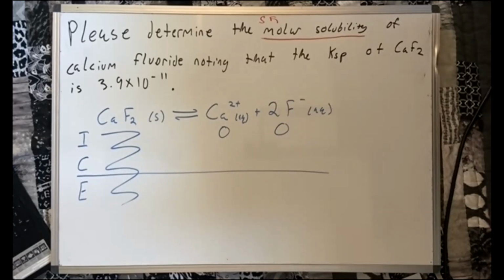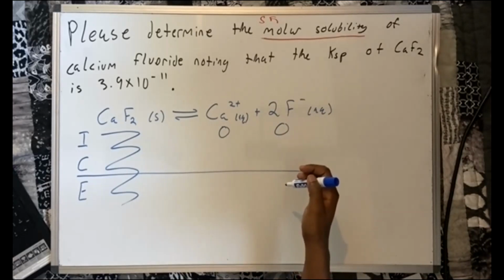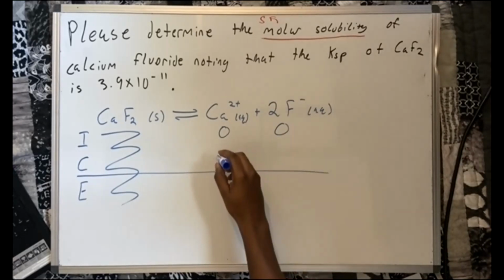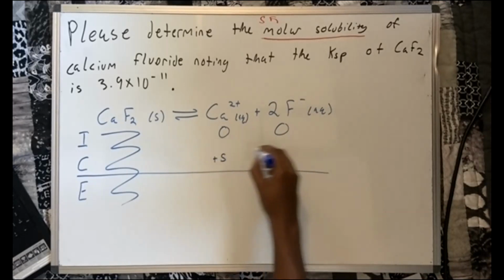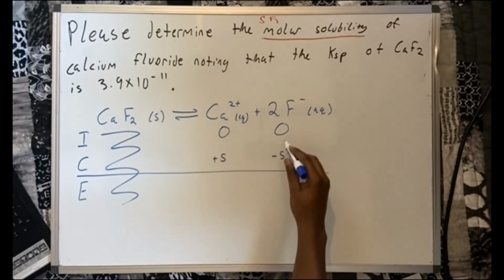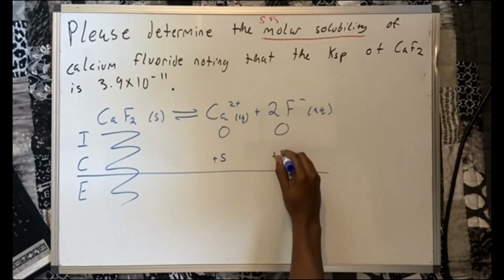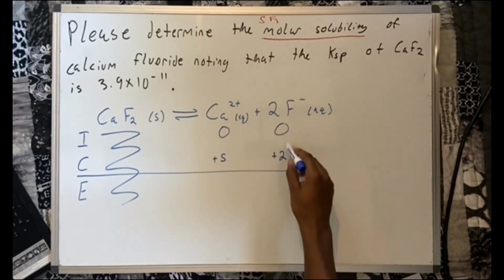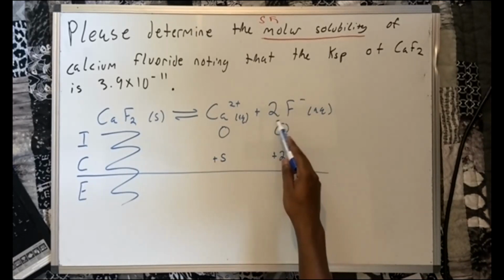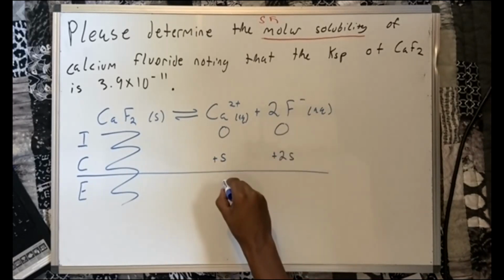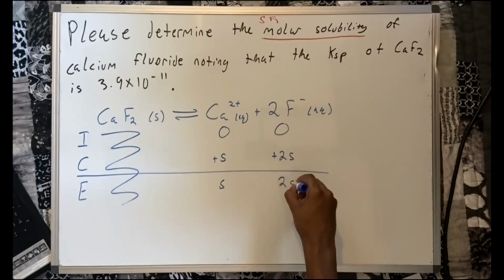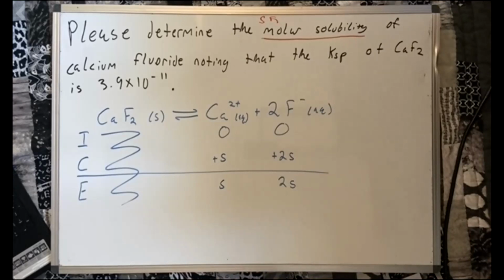Since we have zeros, we put plus S and, oh, not minus S, plus 2S, right? Because of my coefficient right there. So now I have S here and 2S right there. Everybody with me?